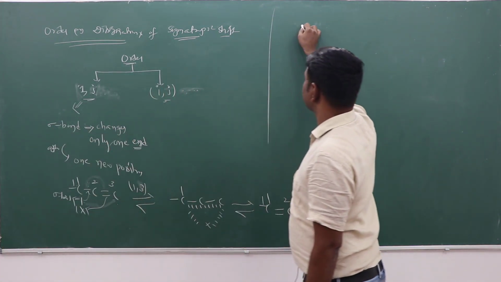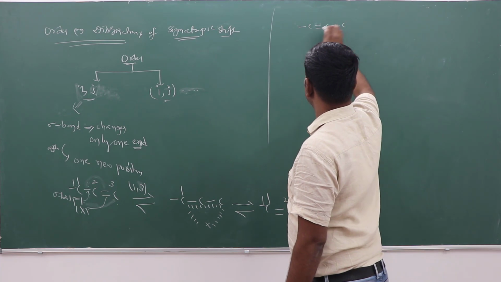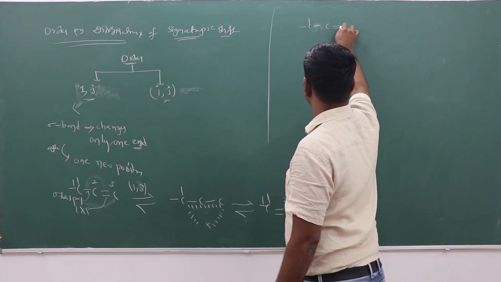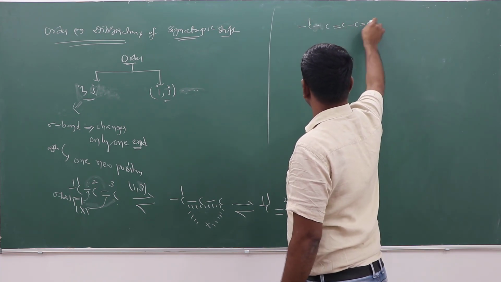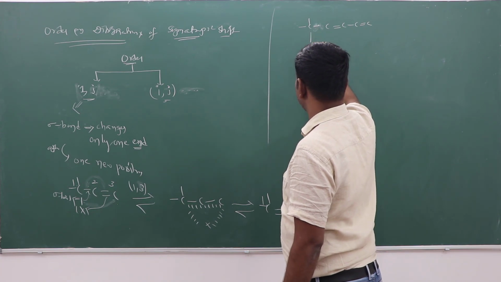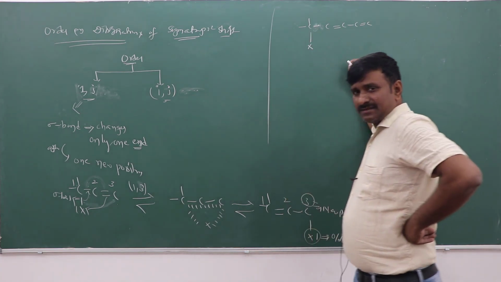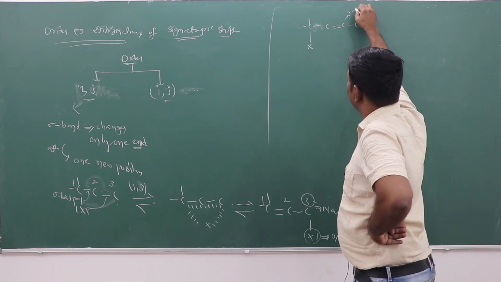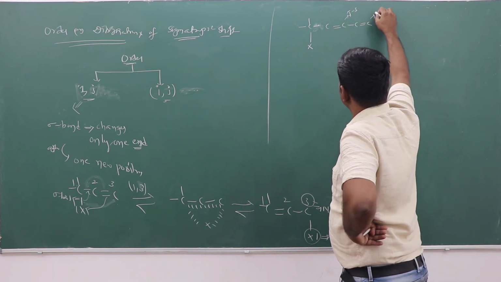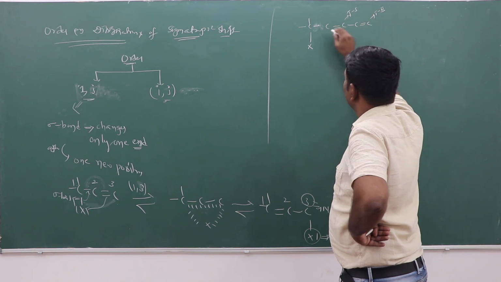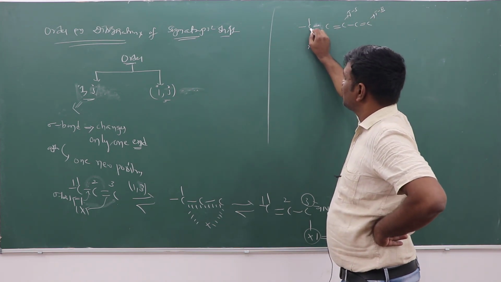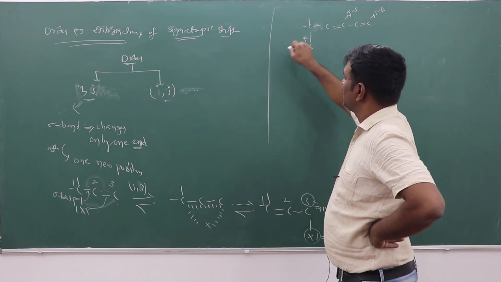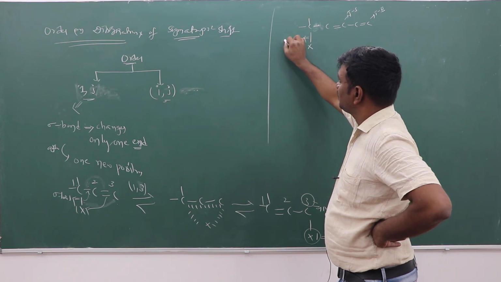Suppose here it is. This is the termini 1. Here it is the termini 2. With respect to this unsaturation, this is the saturated position. Here is the migrating sigma bond.